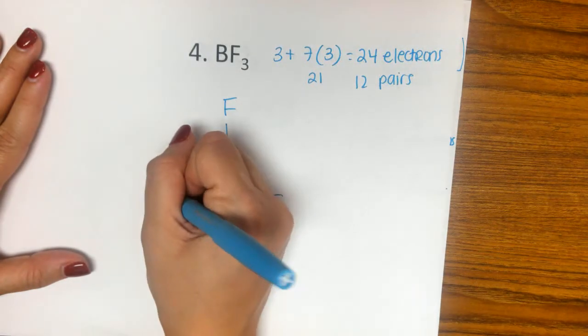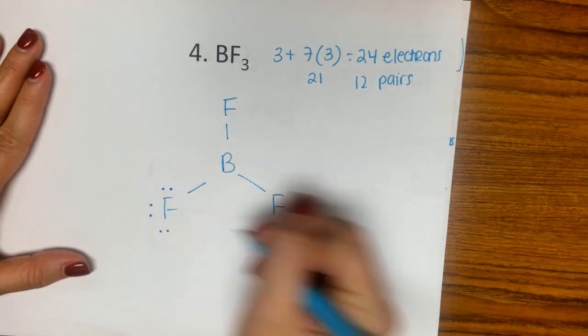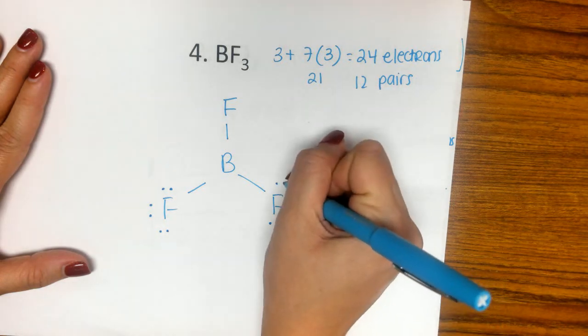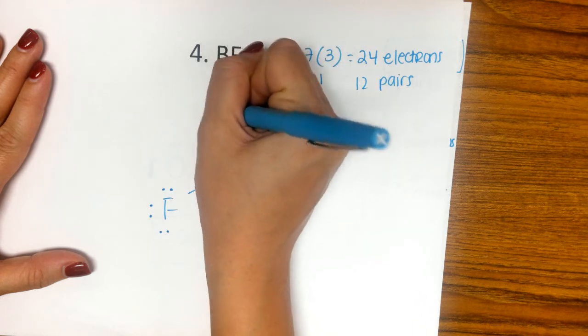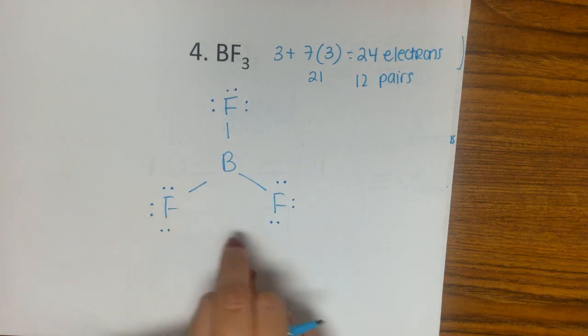So that's 6, 8, 10, 12, 14, 16, 18, 20, 22, 24. I've put down all of my electron pairs. All of my fluorine atoms have 8, so they are happy.